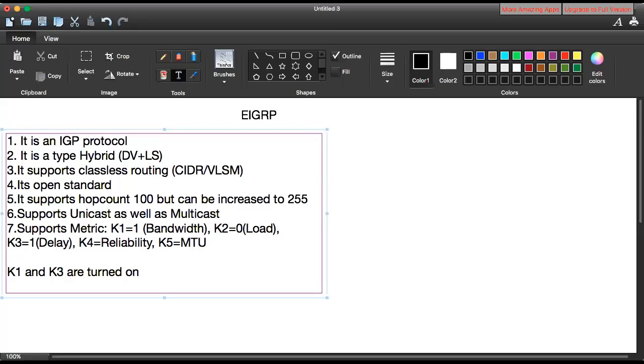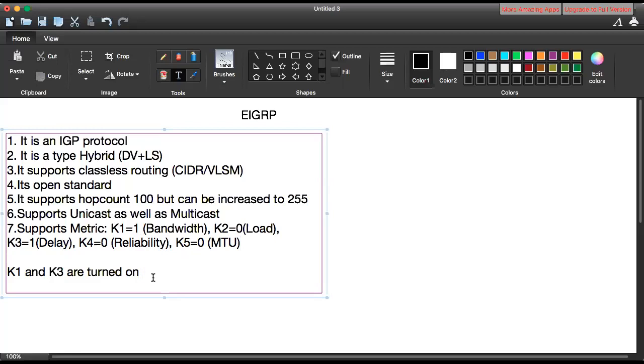The value of K4 is going to be 0, and the value of K5 as well is going to be 0. That's the metric.